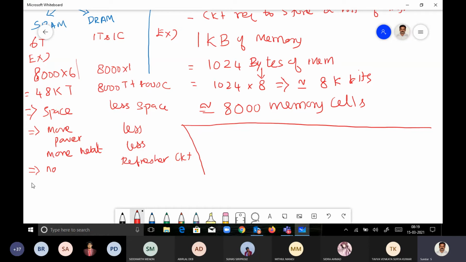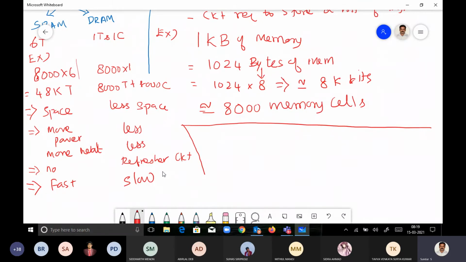In other words, we can say this is something fast, this is something slow. How do I say it's slow? Suppose a processor is looking for some information in the dynamic RAM. When it is looking for something, during that time a refreshing operation is going on, so it will be delayed in getting the information.